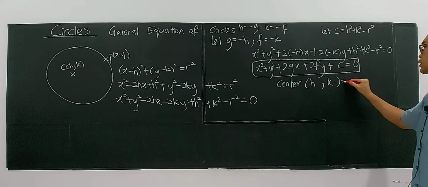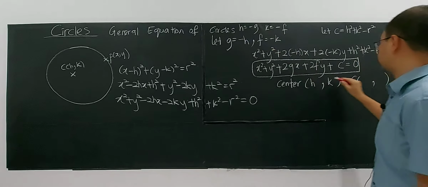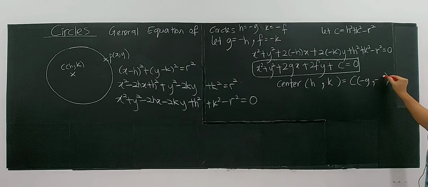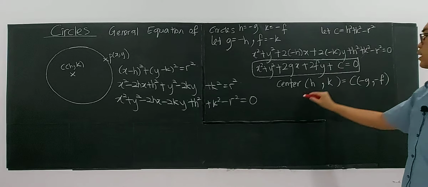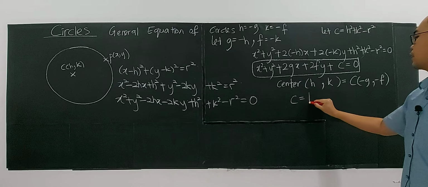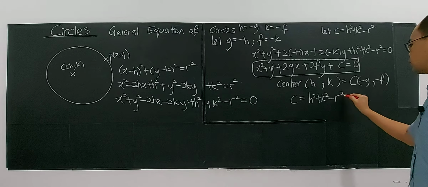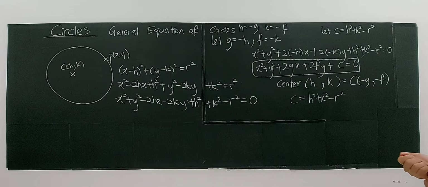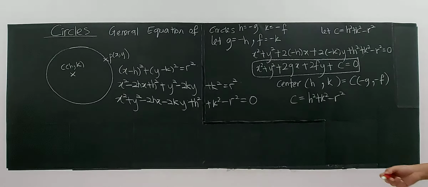We can transform this into center (negative g, negative f), where h is rewritten as negative g. And the radius: c is the same as h squared plus k squared minus radius squared, so by looking at c, we can find the radius of the circle.